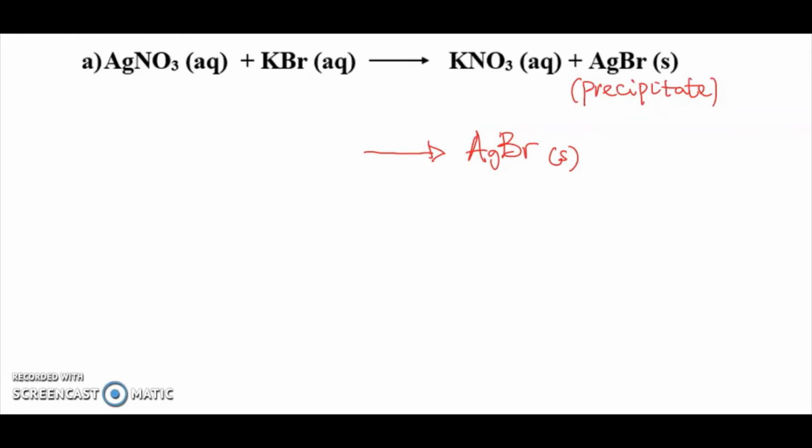We have silver bromide, so we shall have silver ions, aqueous, plus bromide ions, aqueous. So that is the ionic equation. Pretty simple, right? Once again, take note, this method works when we have a precipitate, that is a solid substance formed during the reaction.